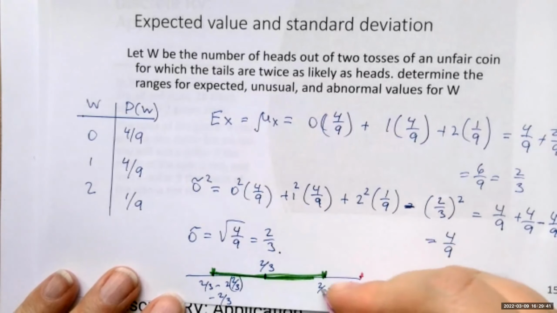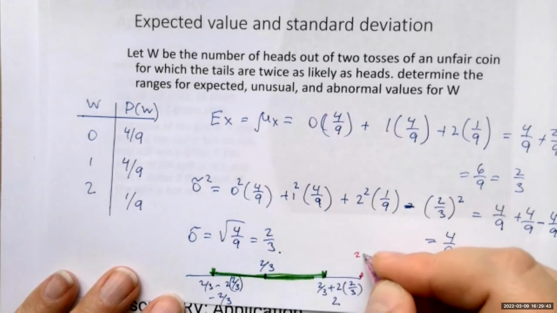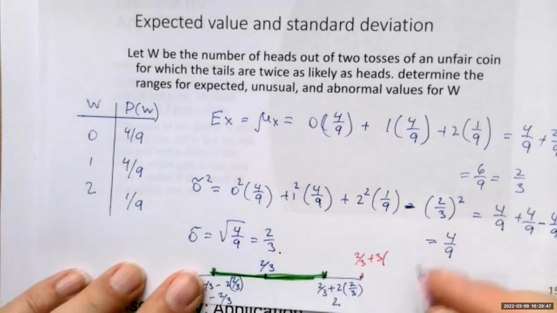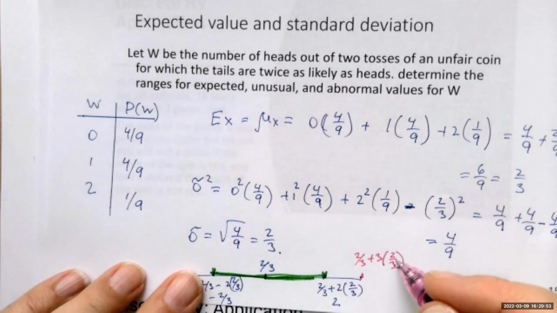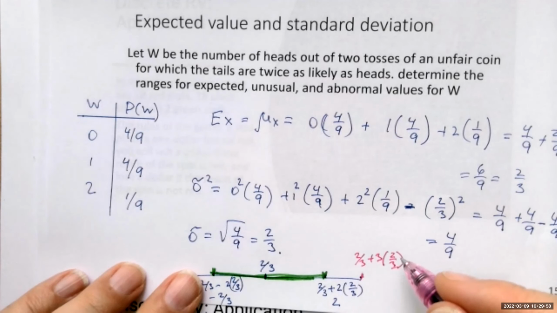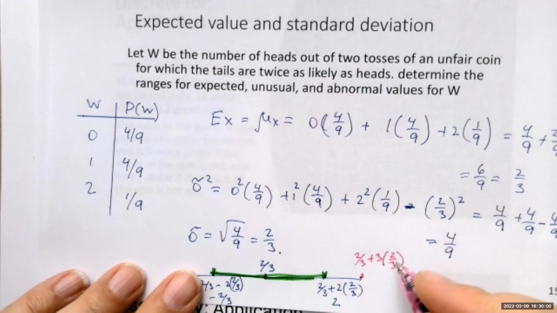That's going to be our mean, 2/3, plus 3 times the standard deviation, which is 2/3 again. So what does that equal? That's 6 out of 3, so that's 2. So it's 2/3 plus 2, which is actually 2 and 2/3. So not quite 3, yes.